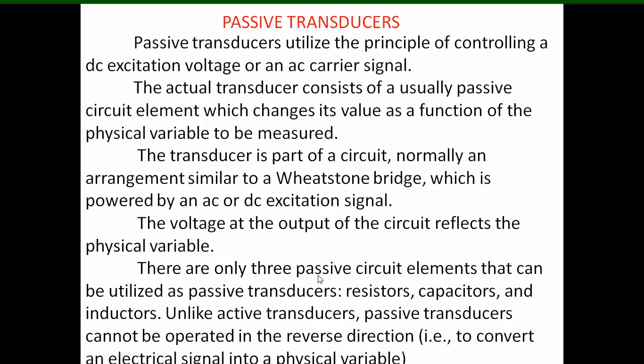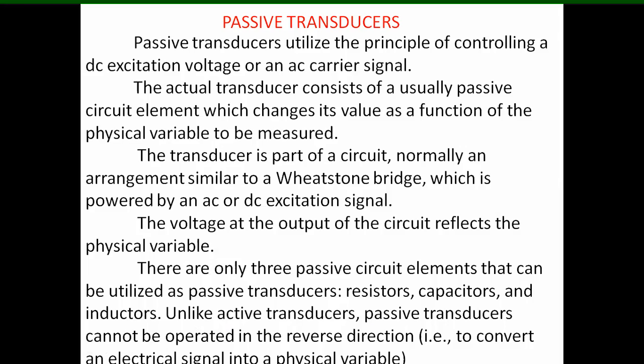There are only three passive elements that can be used as passive transducers: resistors, capacitors, and inductors. These circuit elements are used as passive transducers because any change occurring in the resistor, capacitor, or inductor will be identified in terms of voltage or current.